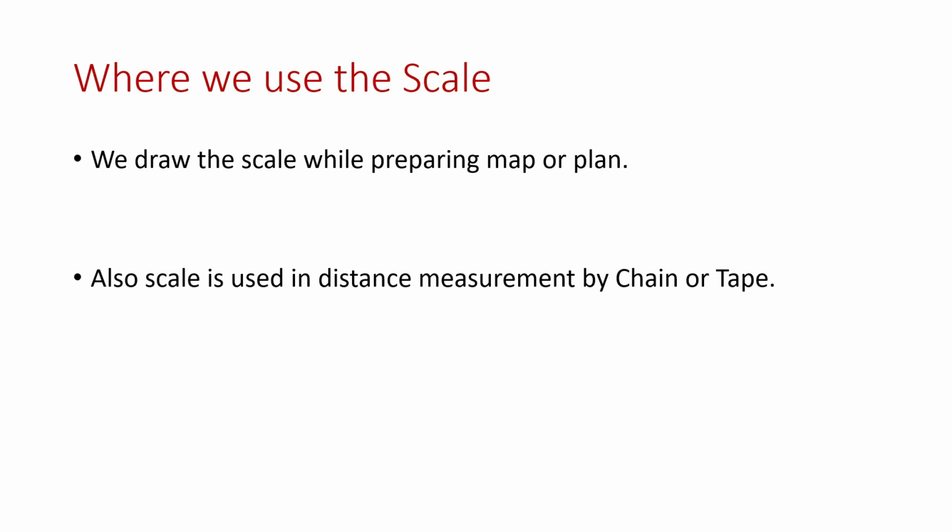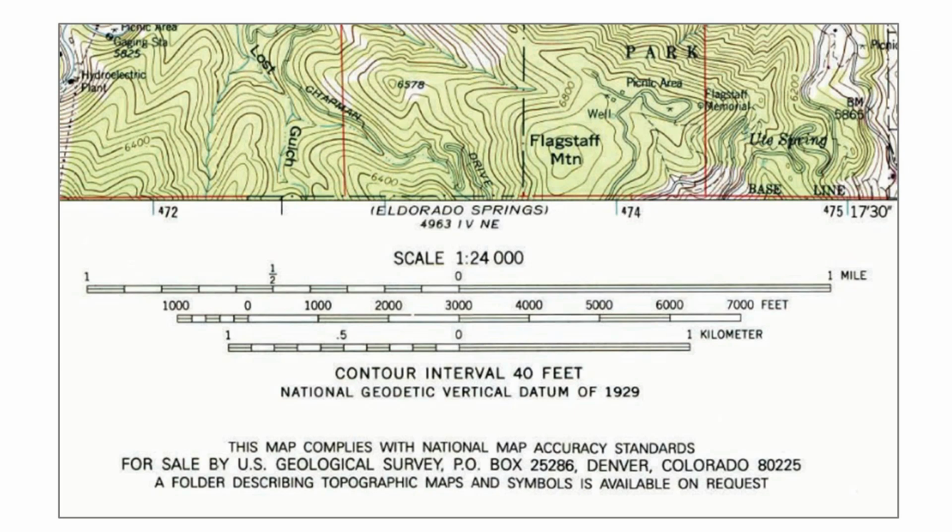In that case also we have to use the chain or tape. In that chain or tape, there should be the scale numbering from 1, 2, 3, 4 etc. And by counting that number, you measure the distance between 2 points. So there are two cases. The first one is that while we are drawing any map or plan, we have to draw that scale, and using that scale, the person who is using that map will measure the distance between 2 points.